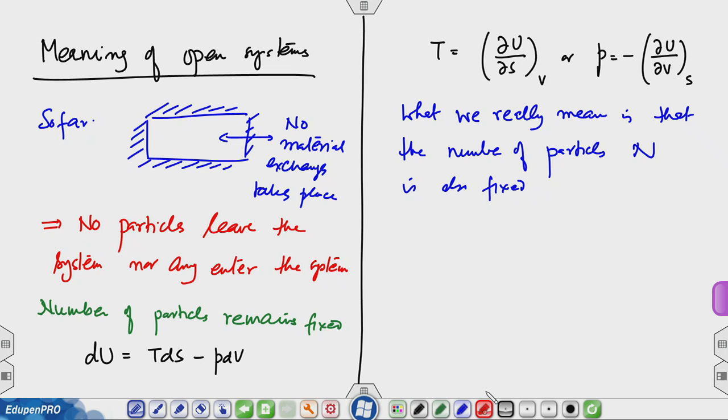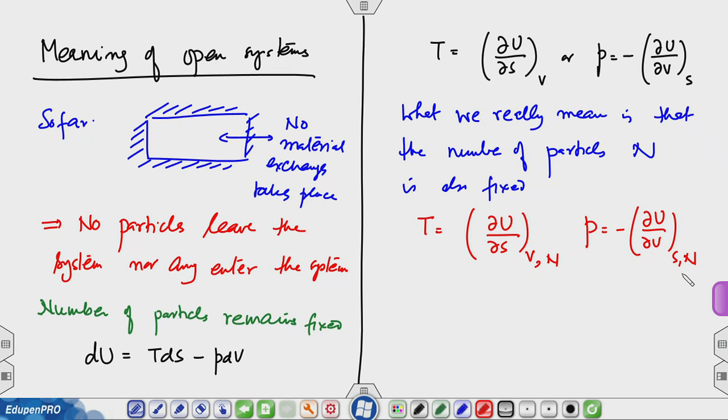So in reality, we are writing T equals dU/dS at constant V, and N also remains unchanged. And similarly, the pressure is minus dU/dV at constant entropy and N.